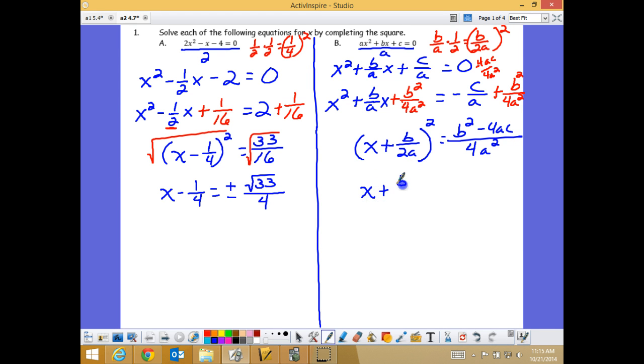x plus b over 2a is equal to, and again, we are taking the square root of both sides. We cannot simplify the top. Since the subtraction is there, you cannot take the square root of this individually. That doesn't work. So you need to leave it all under the square root.